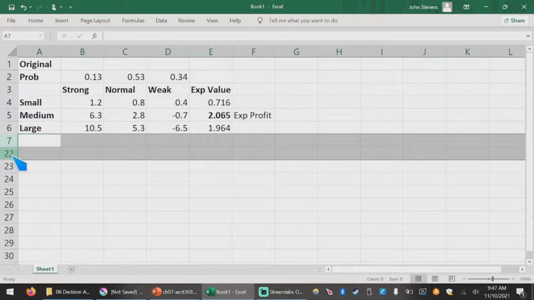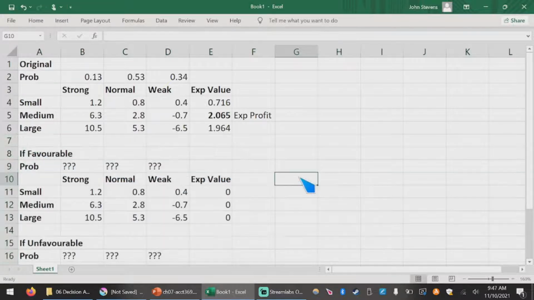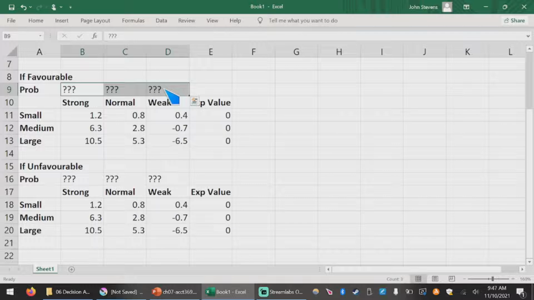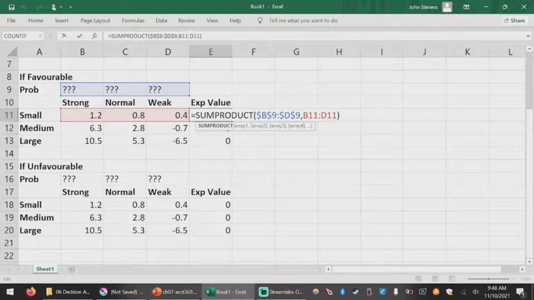Because the market survey acts as a prediction that I can use to more accurately guess what the market conditions are going to be. So essentially what we're doing here is, if I use the market survey and it says favorable, what are these probabilities and how does that affect my expected profit? Right now there's 0 because they're using numbers that aren't there, right?